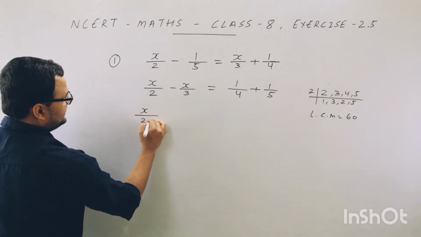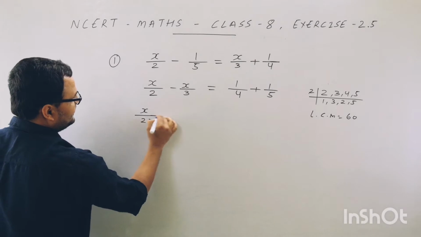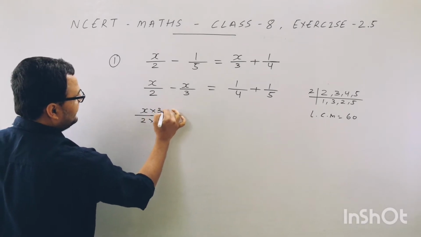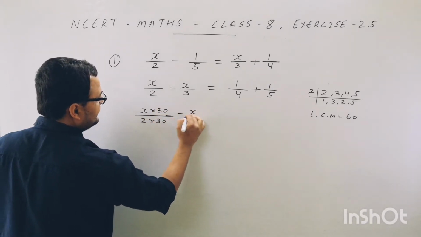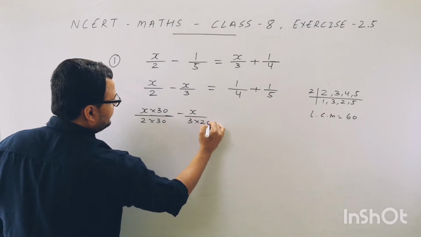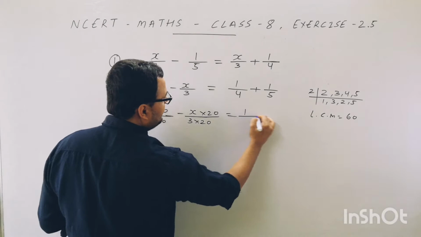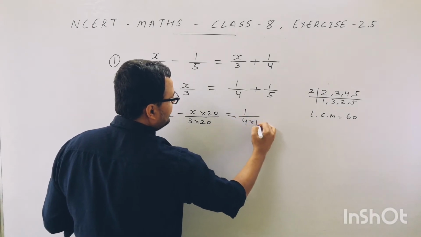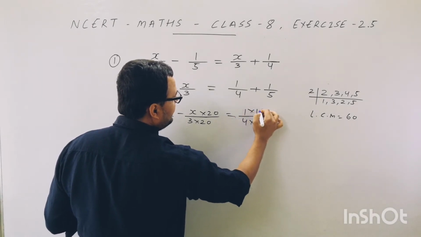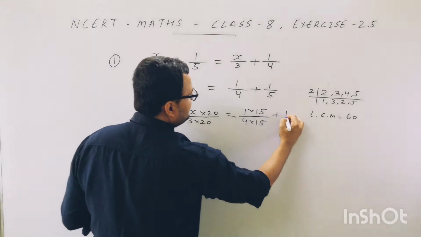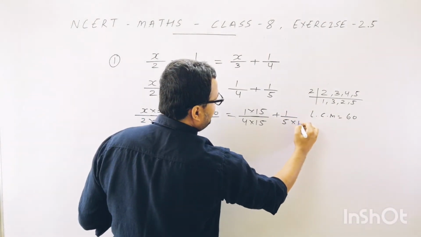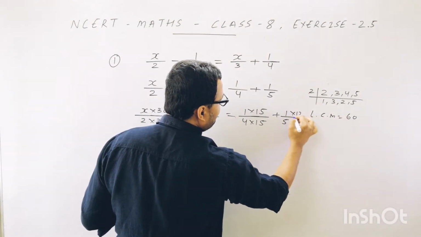So x by 2 into 30, into 30, minus x by 3 into 20, into 20, equal to 1 by 4 into 15, into 15, plus 1 by 5 into 12, into 12.